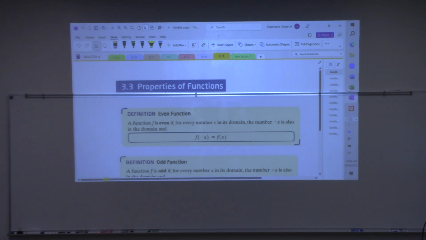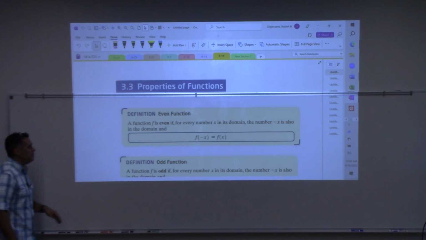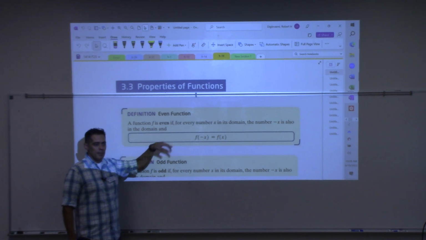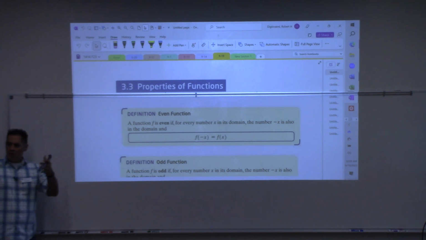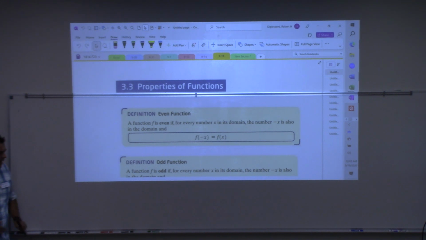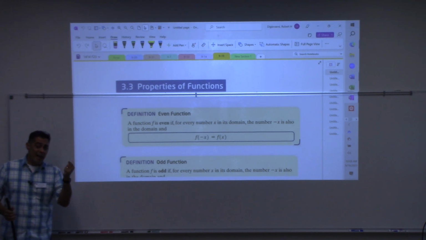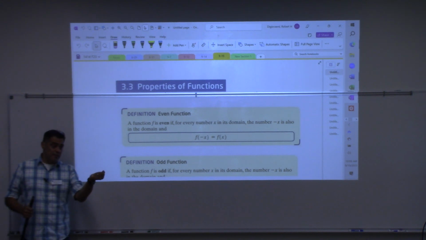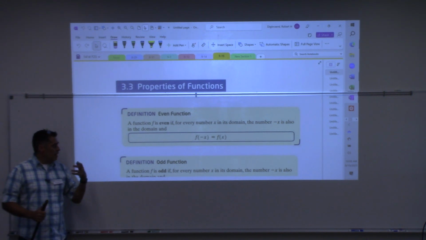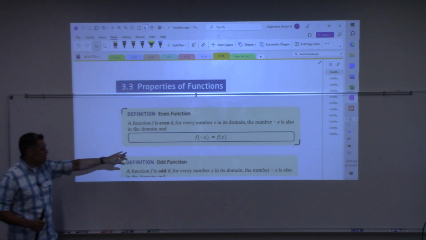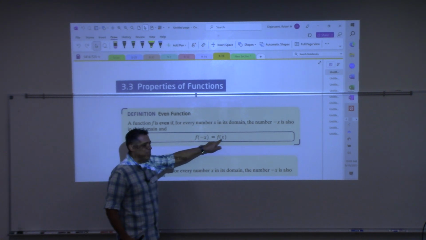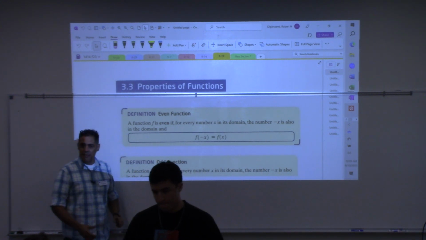The first property we want to talk about is this property of a function being even. All right? So if you were to look at all the functions out there and you just grab a function, you could ask, hey, is that an even function? Well, you'd have to be able to answer this question. Is this equal to this? That's what it takes for a function to be even.